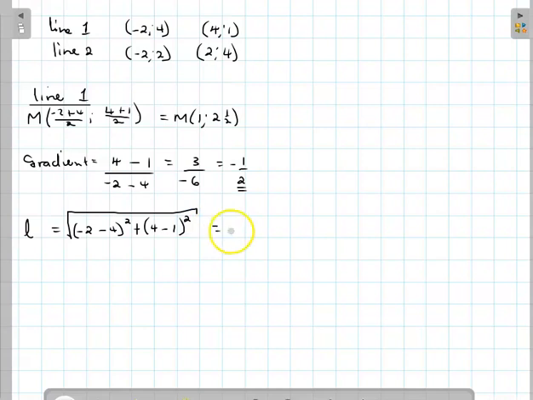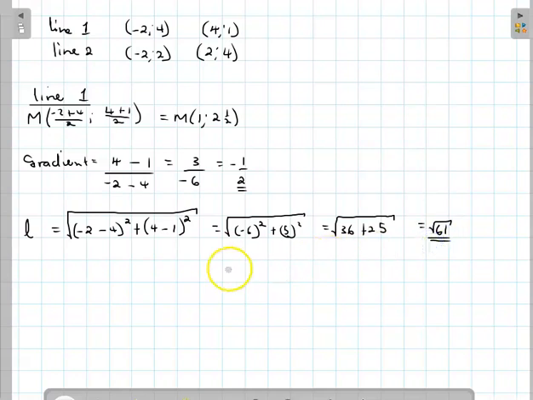So this will be the square root of negative 6 all squared plus 5 squared, which is the square root of 36 plus 25, which is the square root of 61. I will leave it here in surd form, because you can always evaluate it to 3 significant figures as a decimal, that is 7 point something.